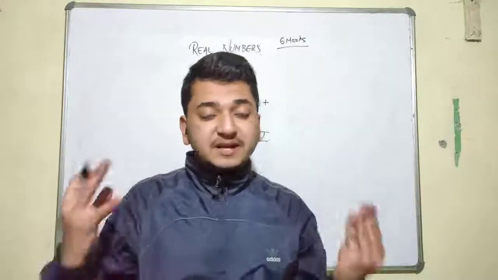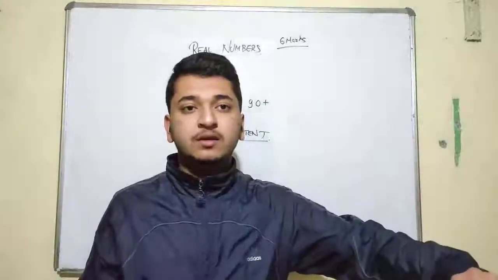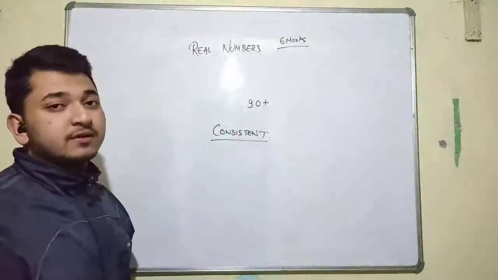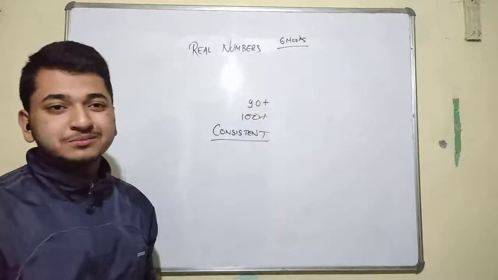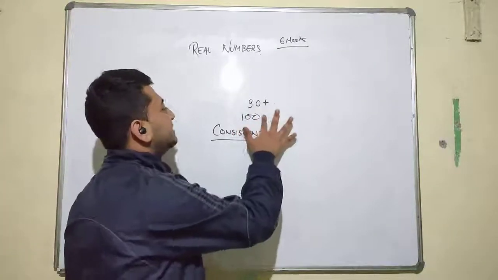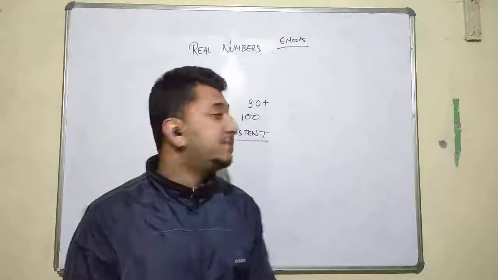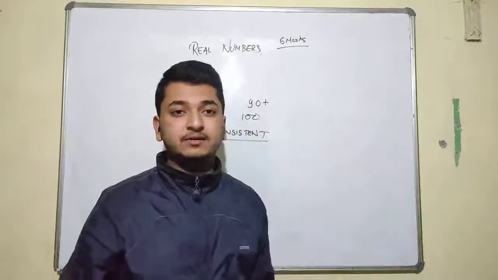Daily, you can practice maths in the evening for 1 hour daily. You will crack this 90. You can make it 100 also. You just need to remain consistent and regular. We will do anything. Okay?